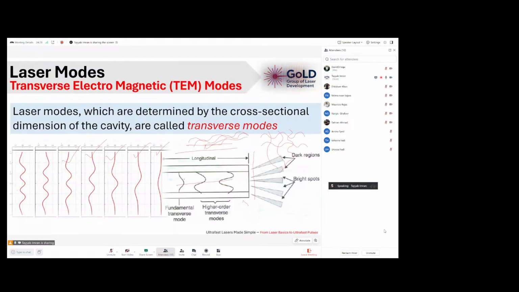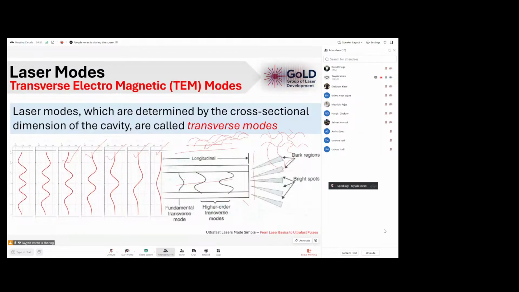These transverse modes depend on the cross-sectional dimension, and we can control these dimensions with certain methods. So we can control these modes somehow.